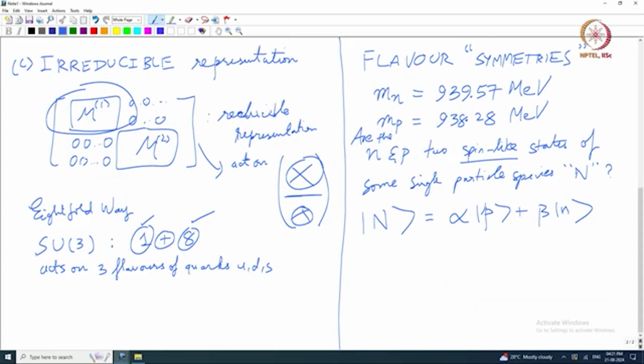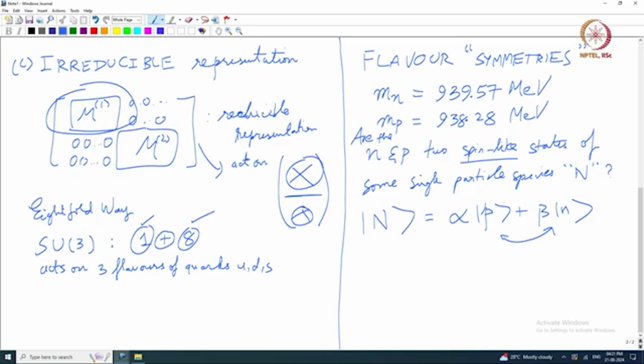So, he wondered whether you can do this for the proton and the neutron also. So, obviously there are some differences, there is a mass difference, the proton has an electric charge and the neutron does not have an electric charge. So, obviously you would say, yeah, maybe you can't just do this right away, but just go with this. Let us see if electric charge pops out of this exercise as a byproduct of being able to rotate between the proton and the neutron. Okay.